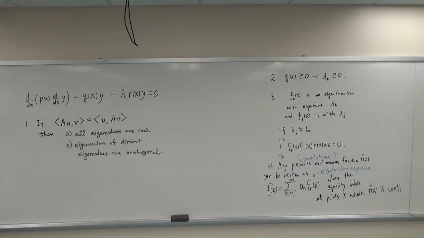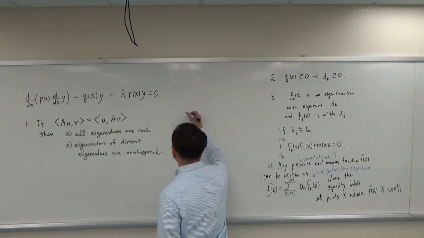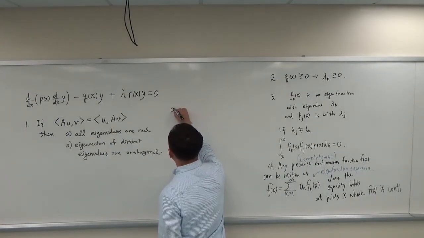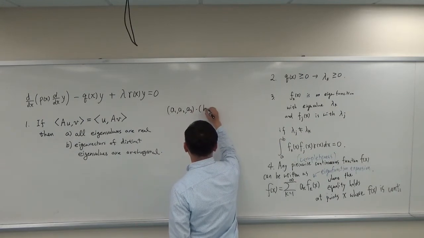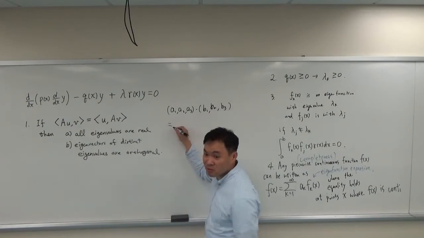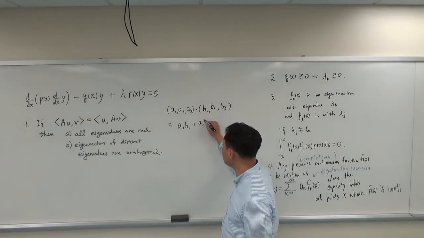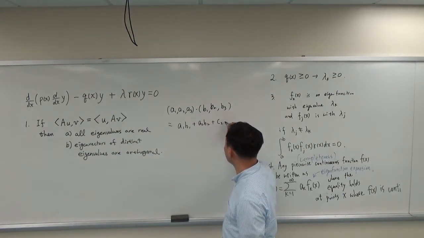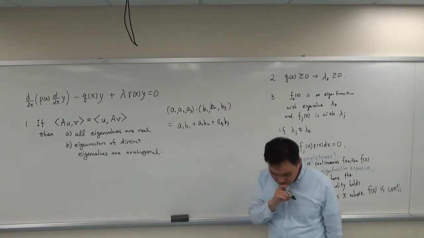Okay, and this inner product, just think of it as dot product. But how do you do dot products? It's like if you have, say, A1, A2, A3, if you do dot product with B1, B2, B3, how do you compute the dot product again? A1 B1 plus A2 B2 plus A3 B3.